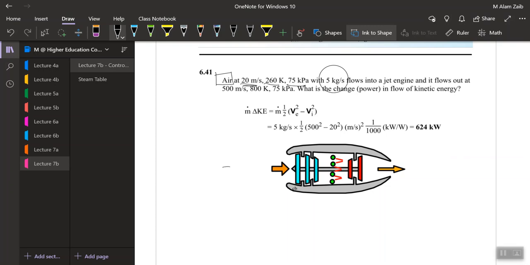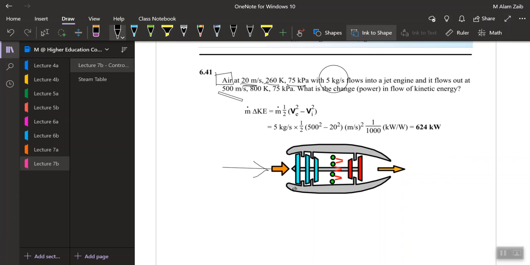It flows into the jet engine, and flows out at 500 meter per second velocity, 800 Kelvin temperature, and 75 kilopascal pressure. So the pressure remains constant. What is the change in the power inflow of kinetic energy?